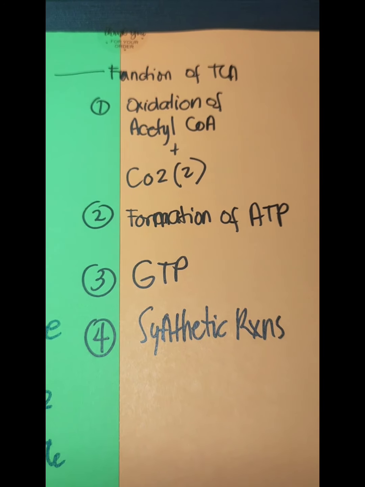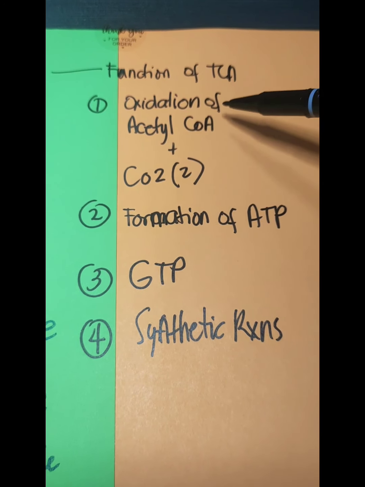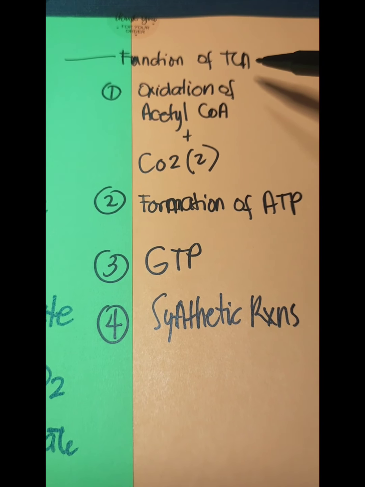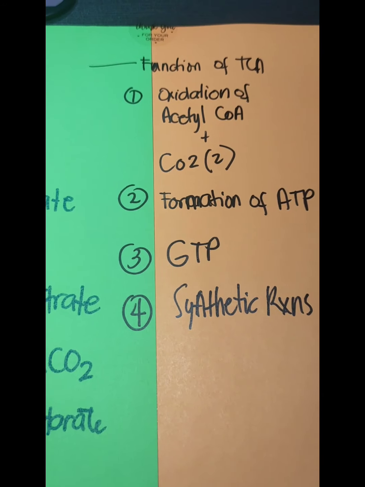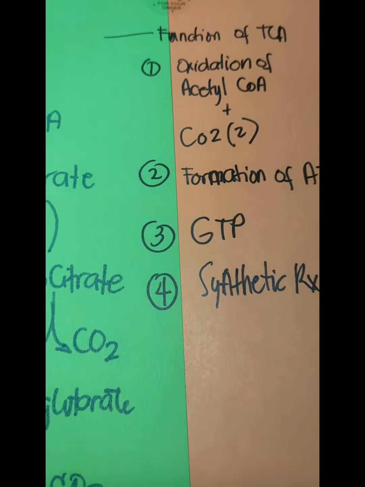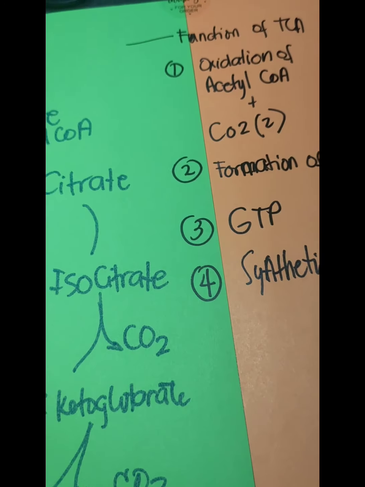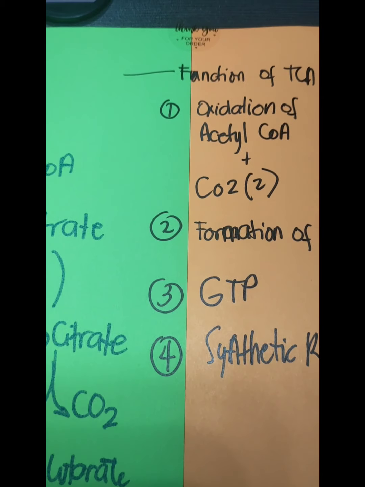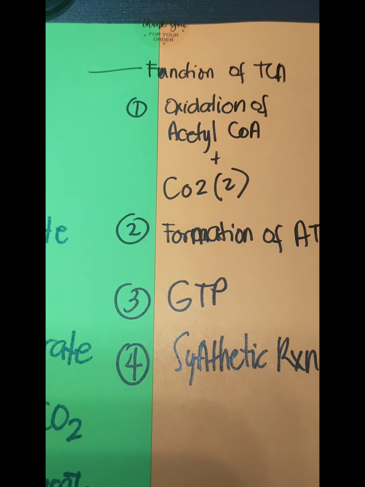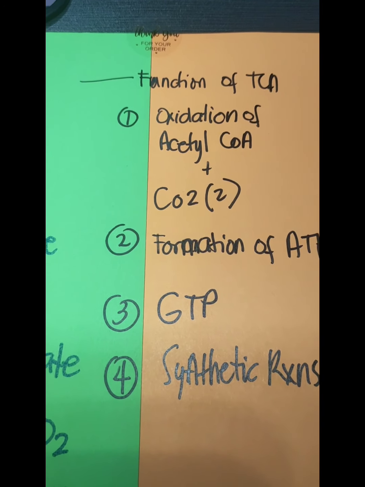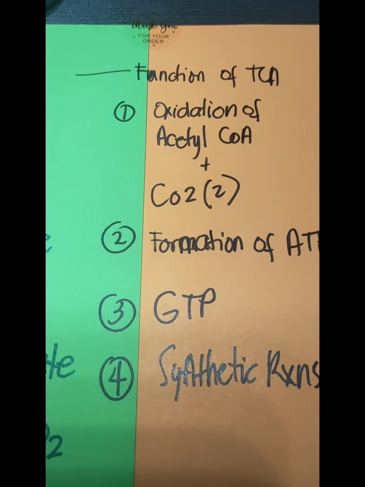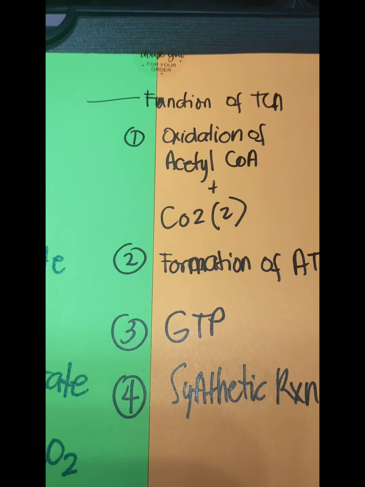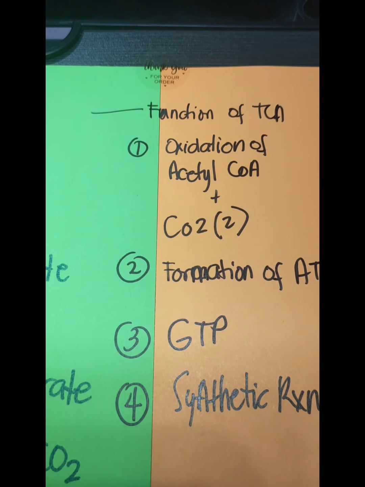For the tricarboxylic acid, take note that it is also known as the citric acid cycle and the Krebs cycle. Please take note that your TCA is actually the final pathway of oxidative catabolism of your fatty acids and proteins and carbohydrates. Actually, the oxidative catabolism of the said compounds converge in the tricarboxylic acid.